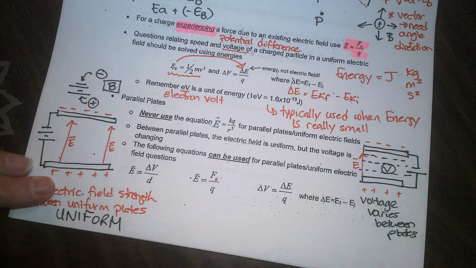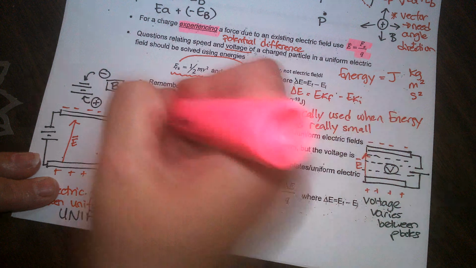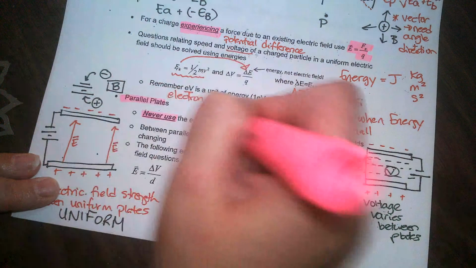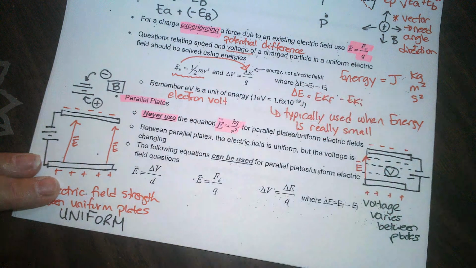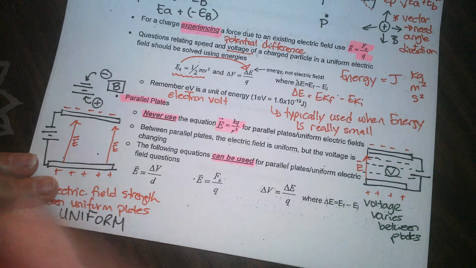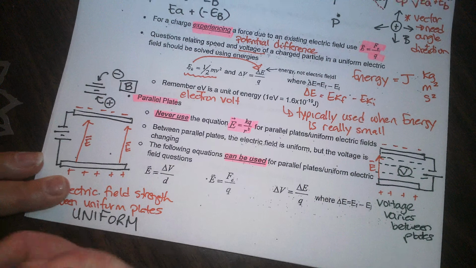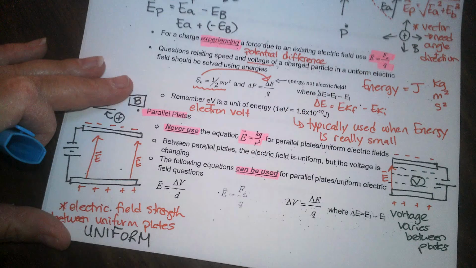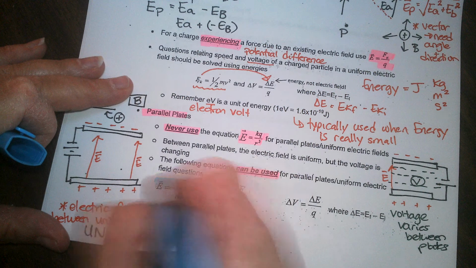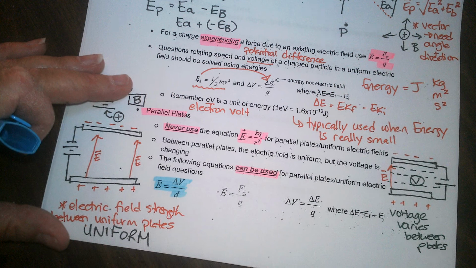So we cannot use kQ over r squared. In parallel plates, never use kQ over r squared. What we can use is: electric field strength is equal to voltage, or potential difference, over distance.